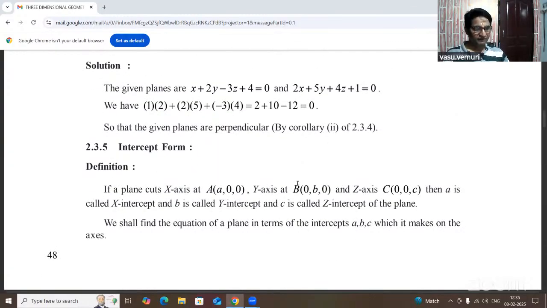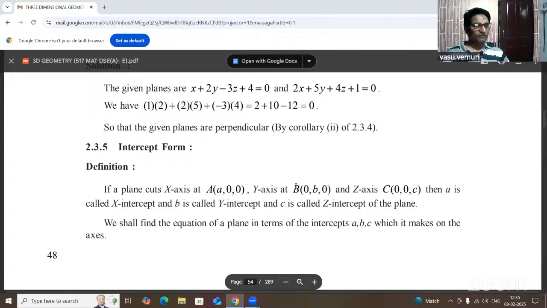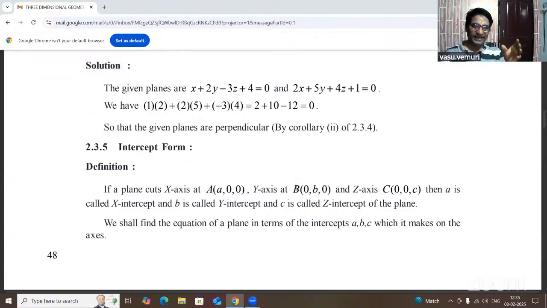Okay, very simple. Now, what is the intercept form? We will practice that intercept form in the later session. The x intercept is a, y intercept is b, z intercept is c. Suppose on the x-axis, from the origin to the point, that distance is small a, OA equal to a.